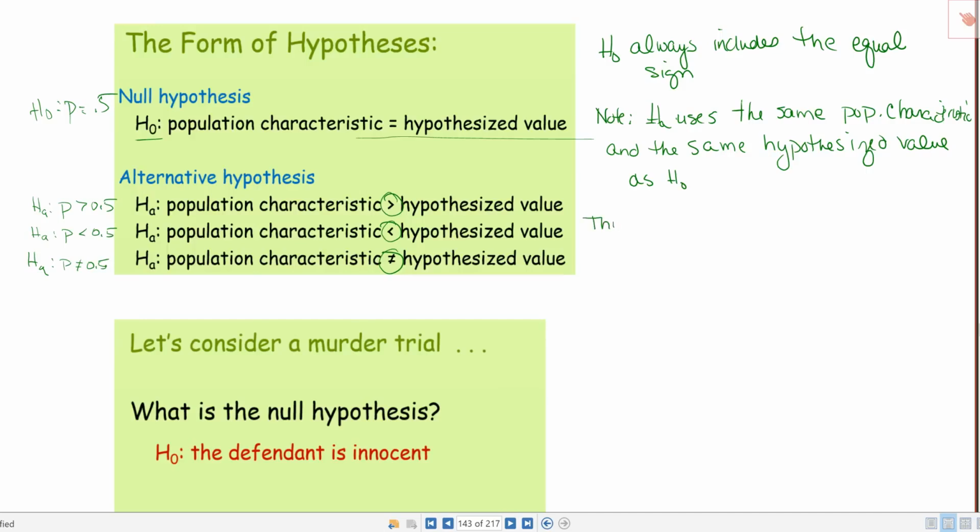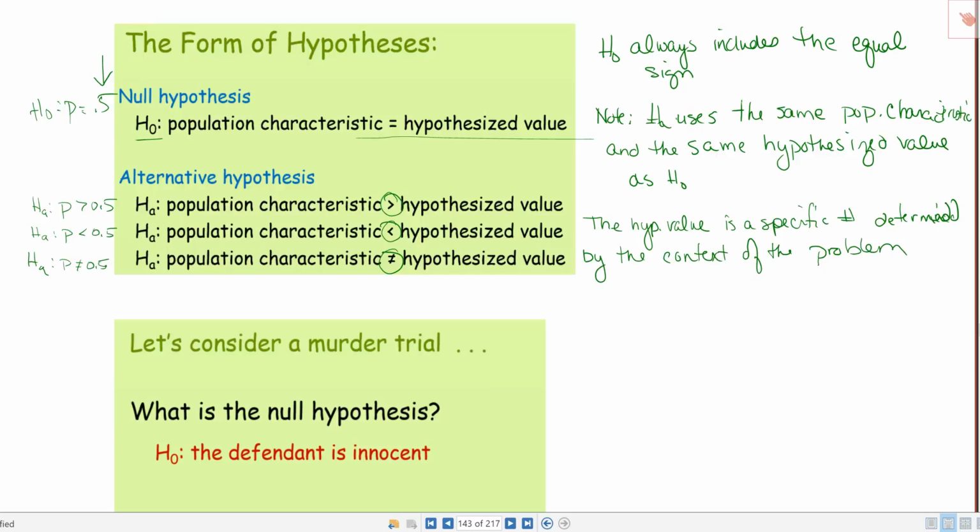The hypothesized value, like what I wrote over here, was 0.5, right? The hypothesized value is a specific number determined by the context of the problem. And also the sign is determined by the context of the problem.